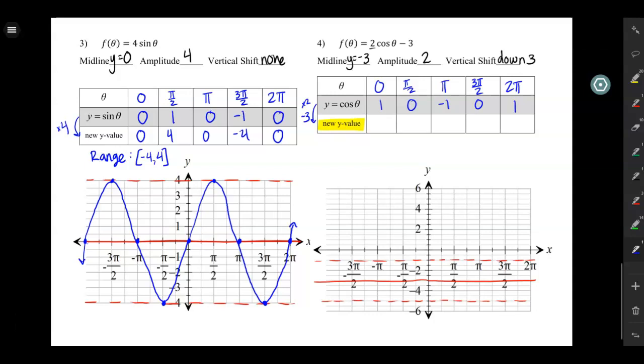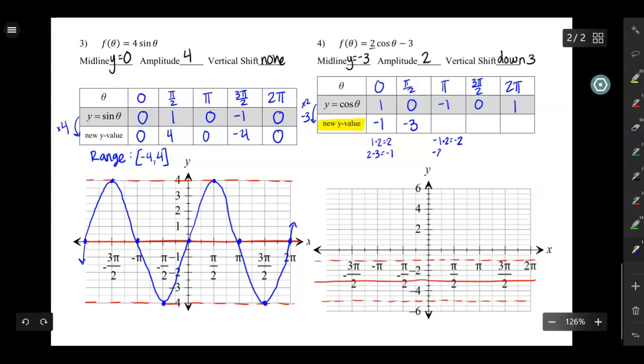So in this first one, if I'm changing 1, I'm going to do 1 times 2, which is 2, and then 2 minus 3, which is -1. So that is my y value here. I'm going to take 0, multiply it by 2, which is just 0, and then subtract 3 to get -3. And then let's write these out. I probably should have written the last one out too. I'm going to do -1 times 2, so that's getting my amplitude.